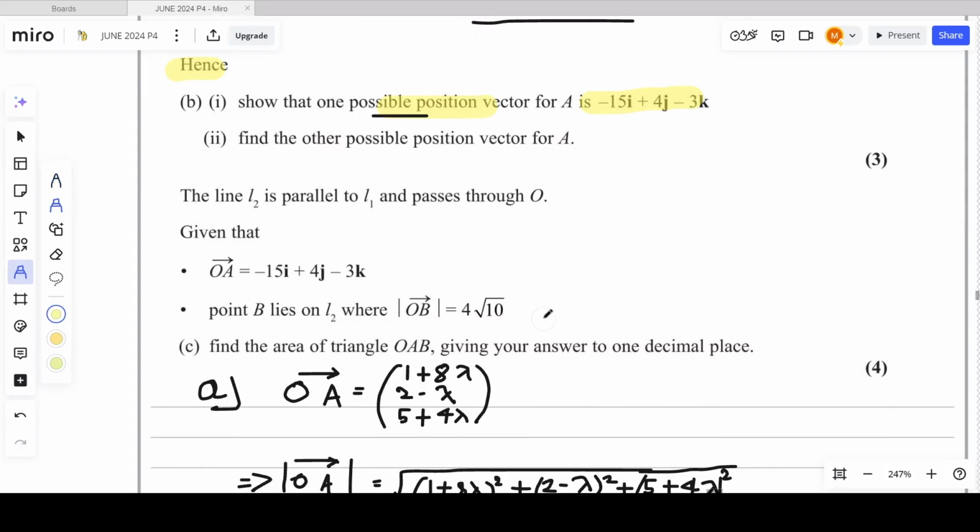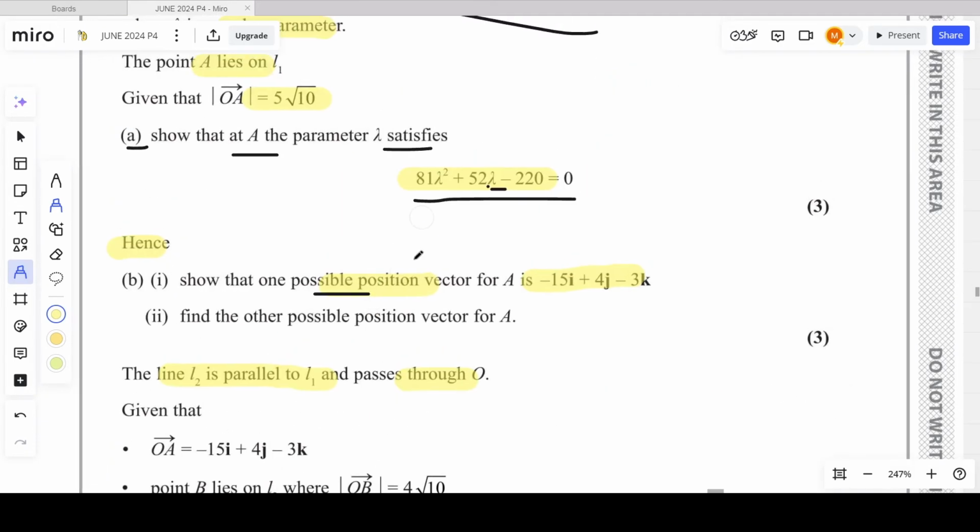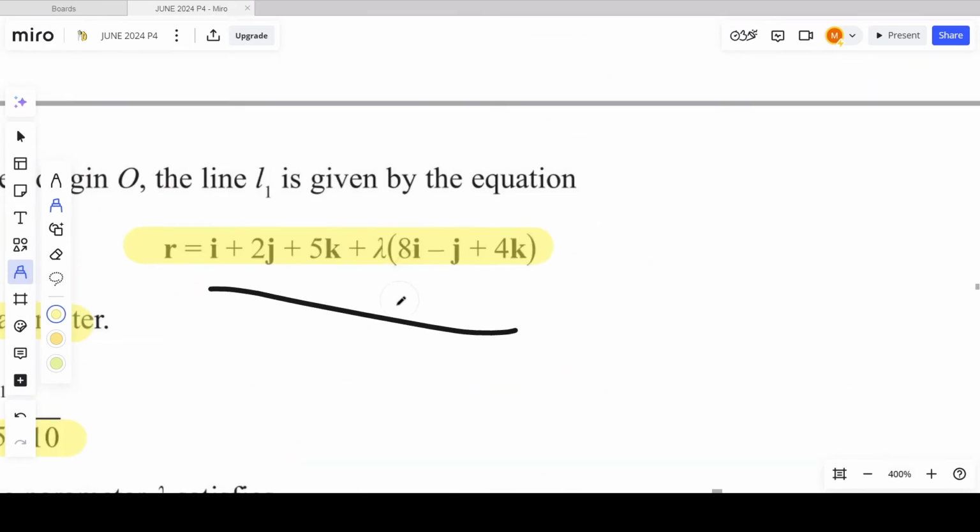Okay, the line L2 is parallel to line L1 and passes through the origin. So if L2 is parallel to L1, then what would be the case? Their parallel components will be equal.